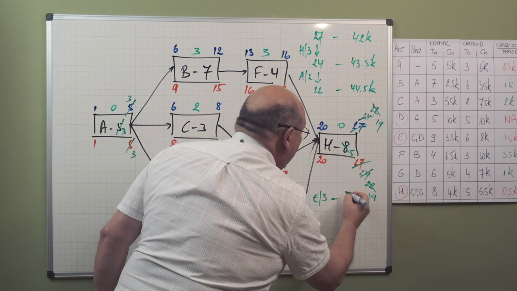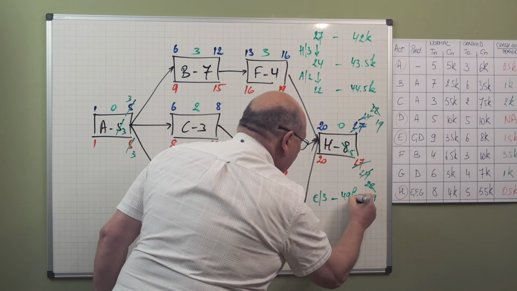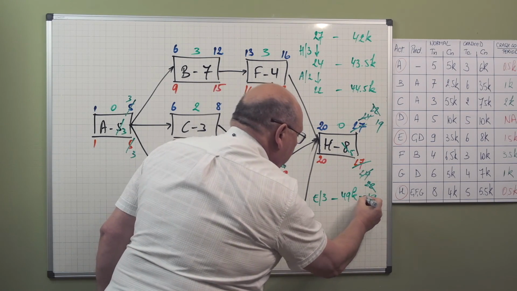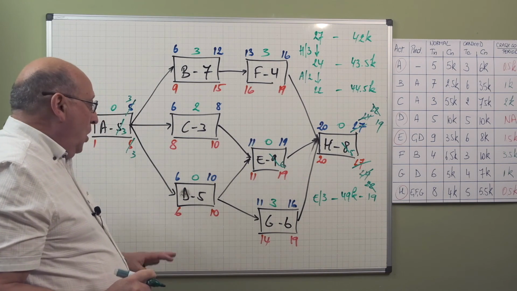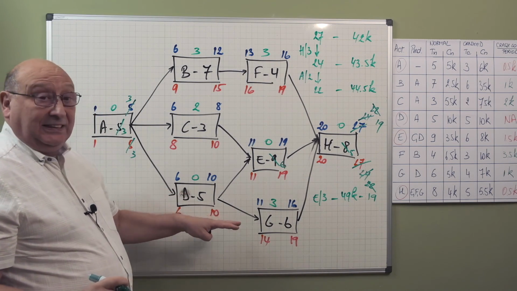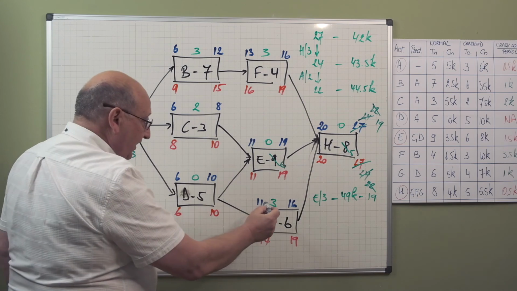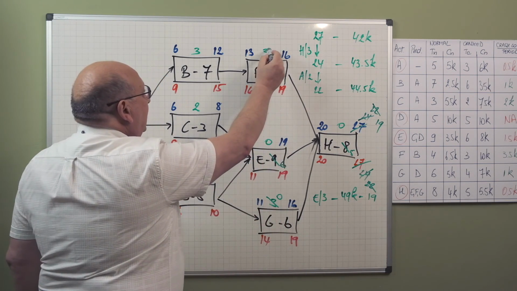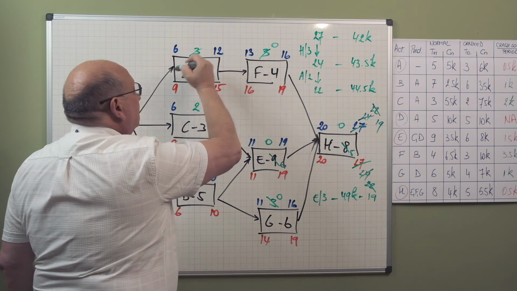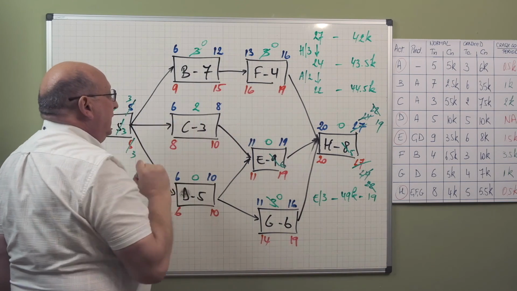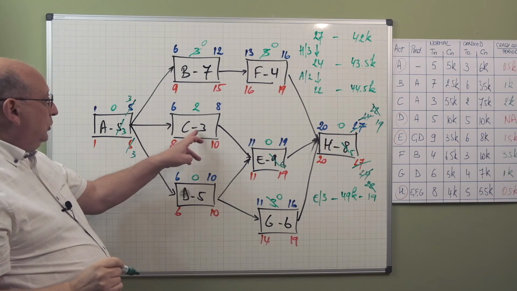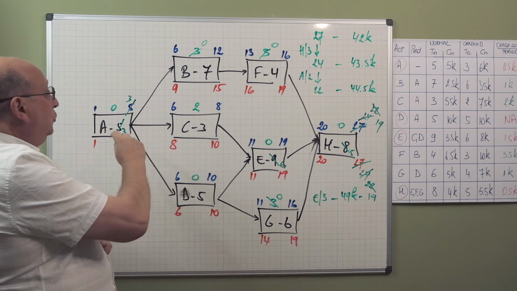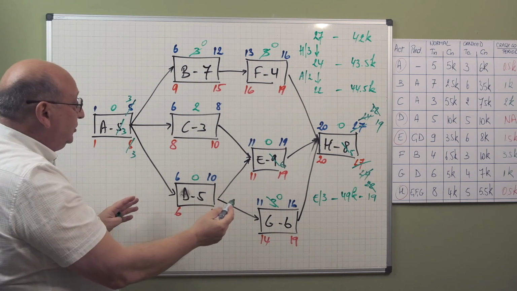So we find here 49K with 19 periods. Now what happens here is that this slack after crashing E would go to 0. This slack would go to 0. This slack would go to 0. This would remain 2. But we have all those critical paths.